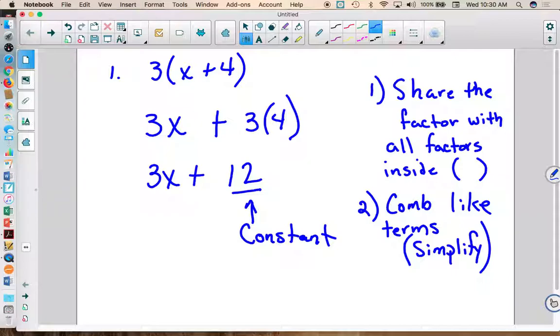And you want to title this note card Distributive Property. Title the note card Distributive Property.